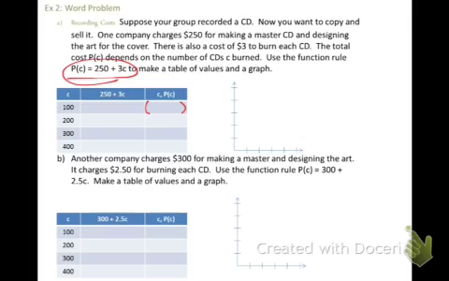So same idea, you're going to have your box, and your last one's going to have your 100, 200, 300, 400. This first set of numbers is going to be your X line, and that's your number of CDs.